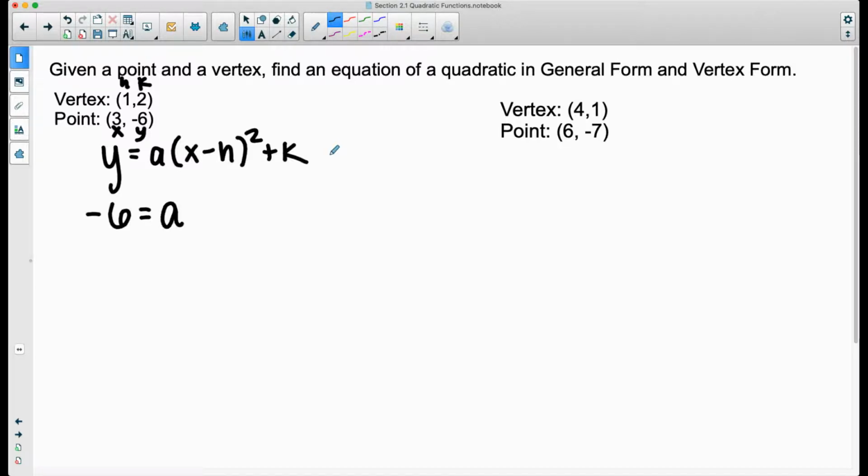We don't know what a is. X is 3. H is 1. And k is 2. Go ahead and use your order of operations and solve for a. I guess the backwards of order of operations.